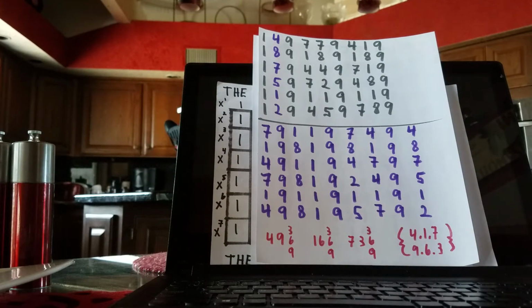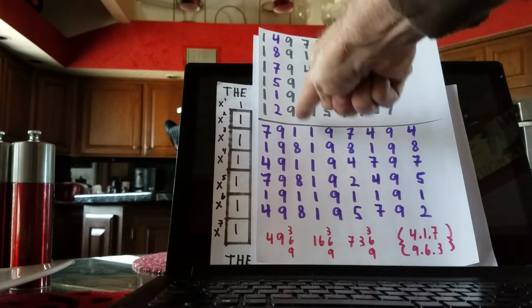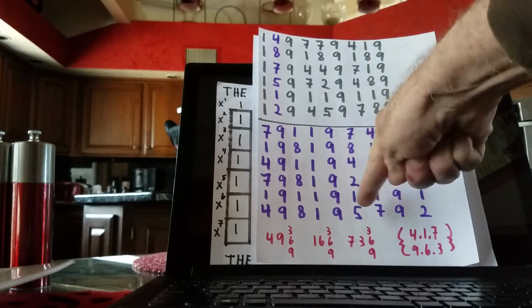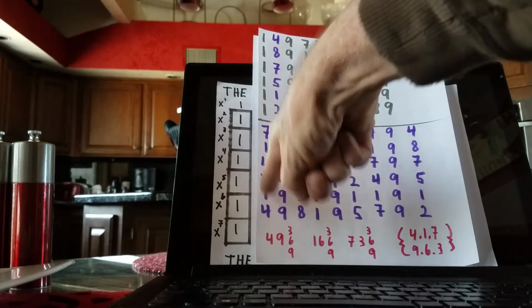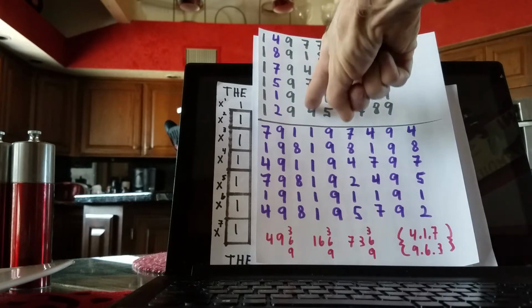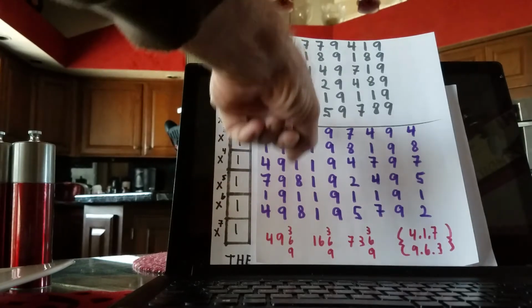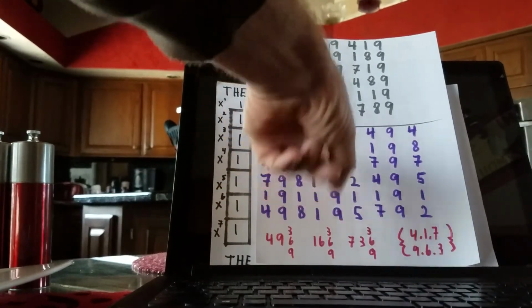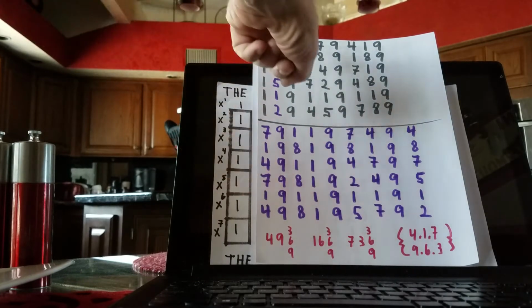The sequences are all the same in the sense that we will get all of the same numbers in the rows going down. For instance, here's the 714 line, and that comes from right there. But what happens is each of the lines going down will repeat, they will come back, and they will reappear. For instance, here's the 714 line, this one.